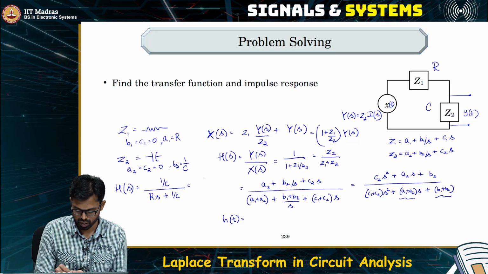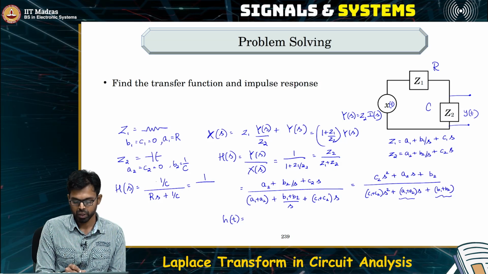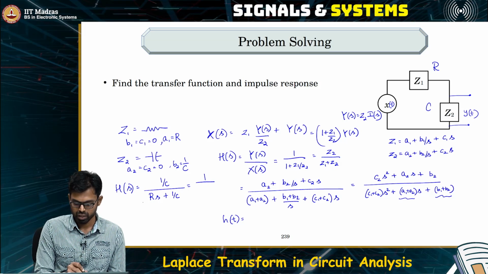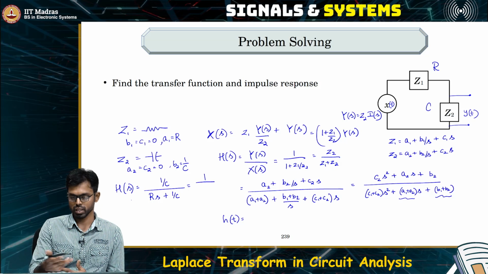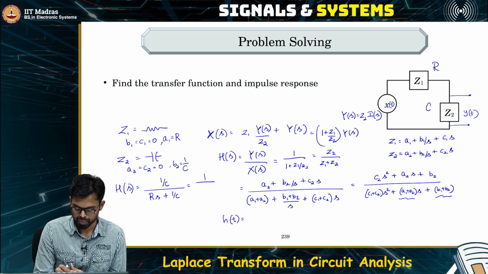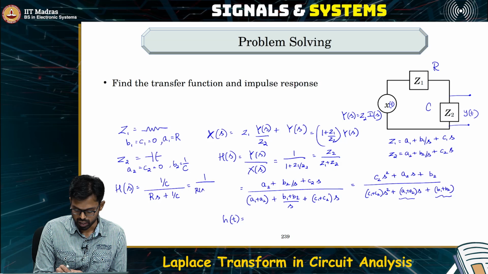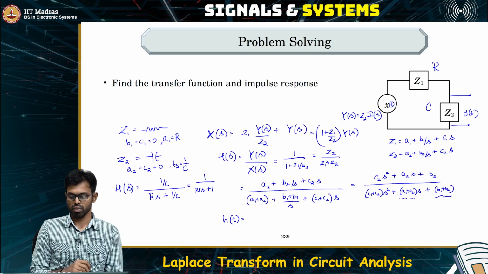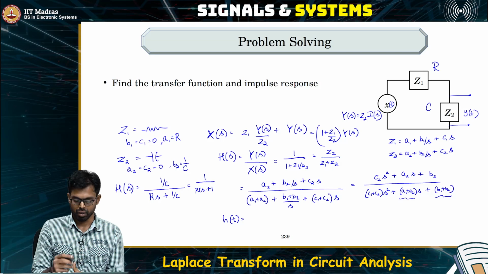You can multiply the numerator and the denominator by C, so basically multiplying and dividing by C, you get RCS plus 1, which is exactly the equation that we got earlier.